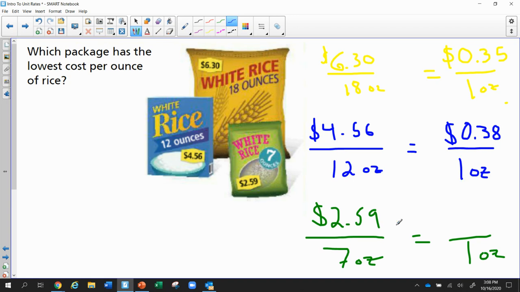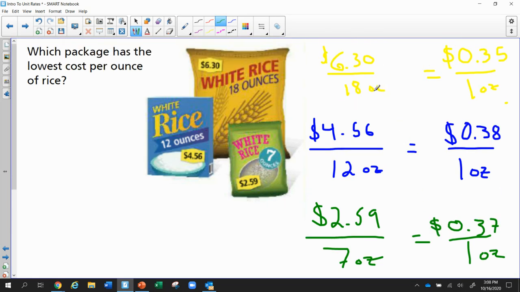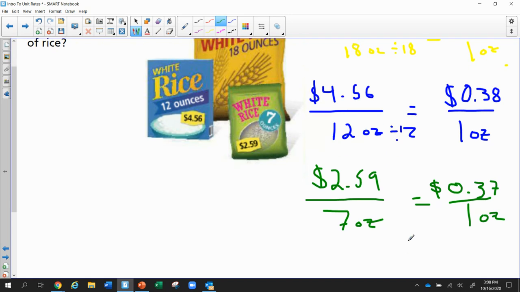And then last, the green bag is $2.59. And we're dividing that by 7. So this one is 37 cents per ounce. All right, so all I did was divide by this number, and this number to get my unit rate.